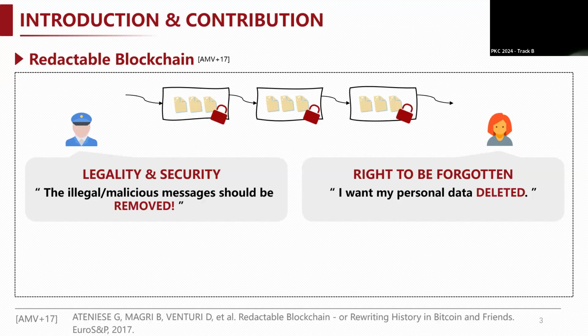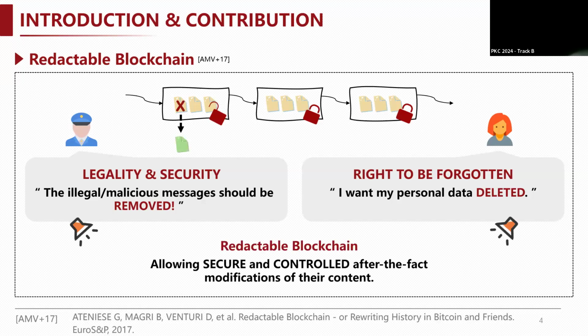As another example, once some personal information is stored in the blockchain, then it is hard to erase. So these concerns draw interest in redactable blockchains, which allow secure and controlled after-the-fact modifications of the content.